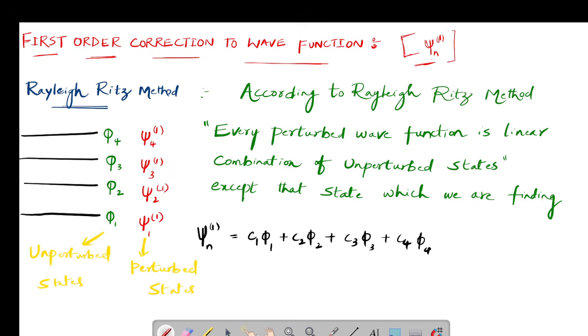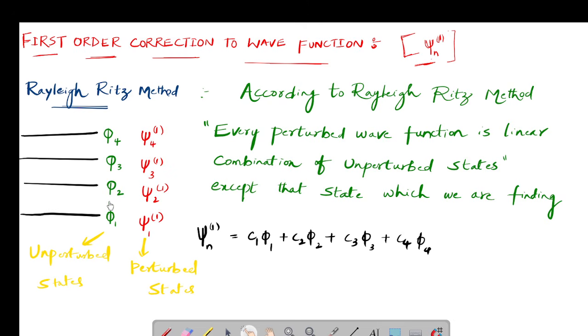According to Rayleigh-Ritz, every perturbed wave function is a linear combination of unperturbed states, except that state which we are finding. If you take the example of four states, here we have phi 1, phi 2, phi 3, phi 4. These are unperturbed, undisturbed states.